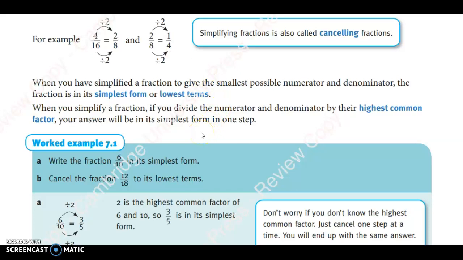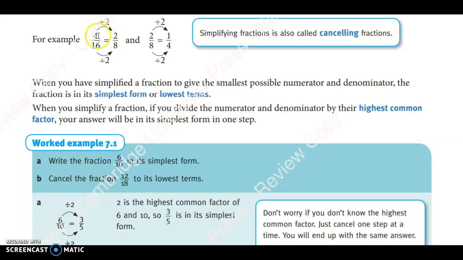When you simplify a fraction, if you divide the numerator and denominator by their highest common factor, your answer will be in its simplest form in one step. For 4 out of 16, if we want to simplify it into its simplest form, we can directly divide them by the greatest common factor. What is the greatest common factor of 4 and 16?